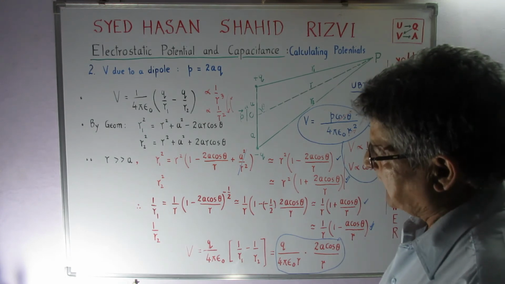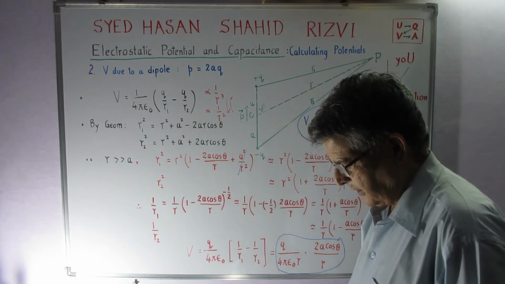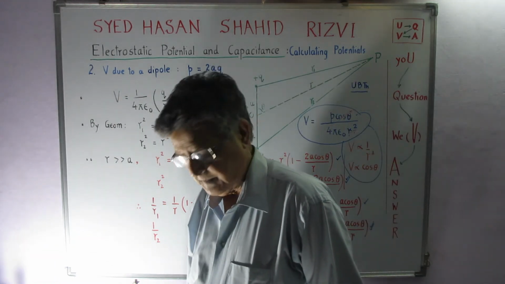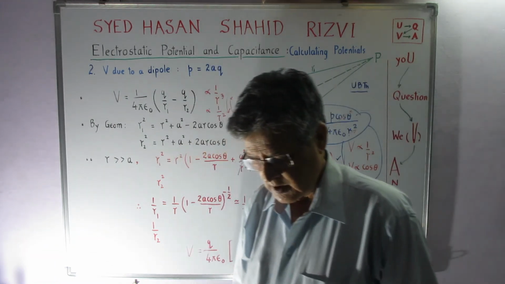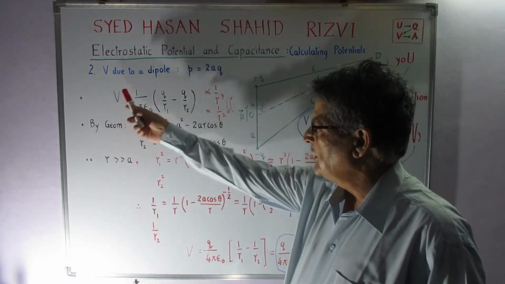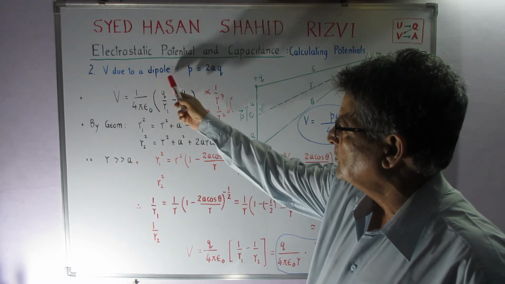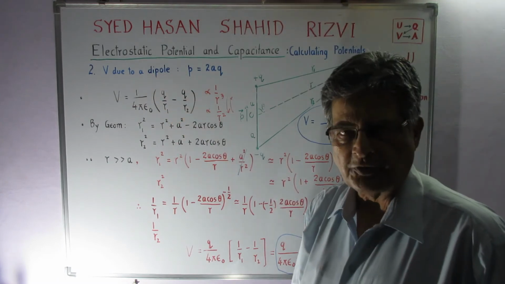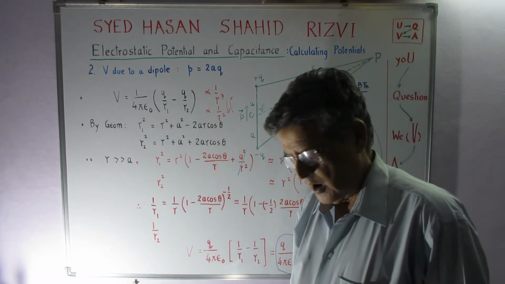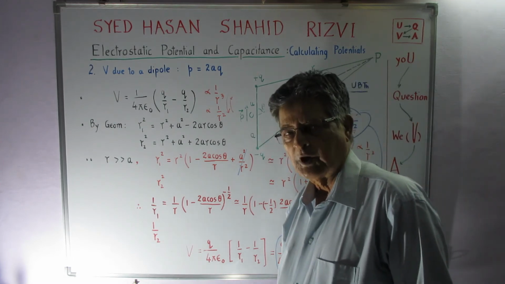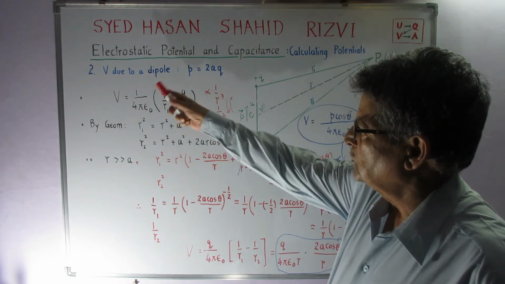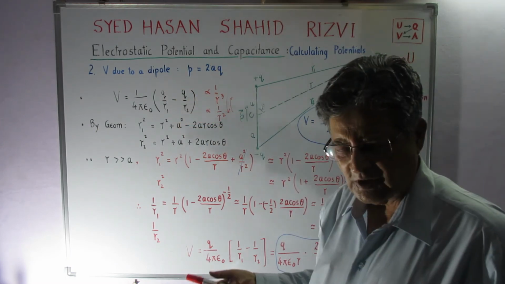Well, I thought that I will include the potential due to a system of charges, okay? But these two things, the potential due to a single charge and the potential due to a dipole, are enough for a lecture at a stretch. So I propose to take up the next item, that is the V due to a system of charges. What does it mean?